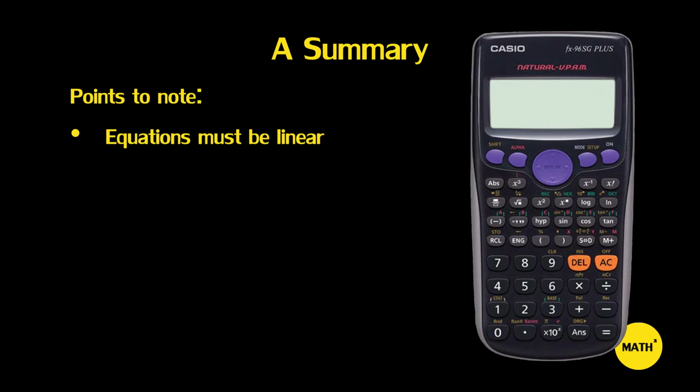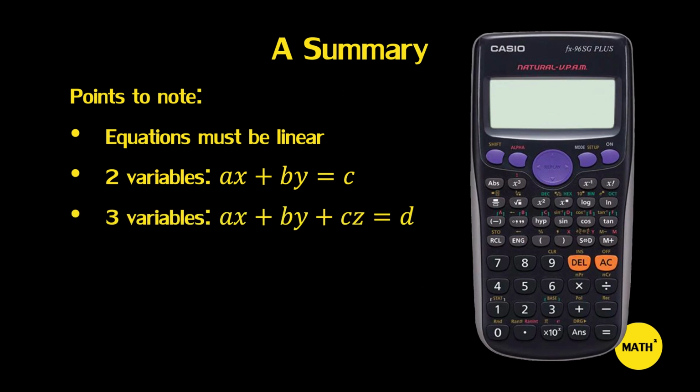If the equations are nonlinear, this mode cannot be used. Next, remember to arrange the equations in the form of ax plus by equals c when there are 2 variables, or ax plus by plus cz equals d if there are 3 variables.